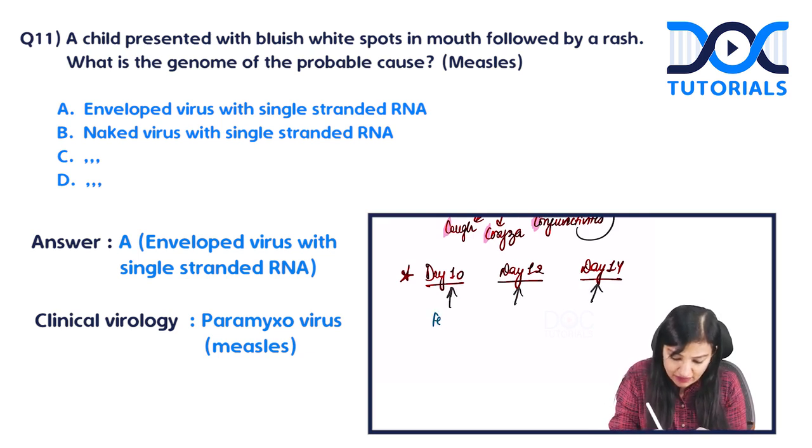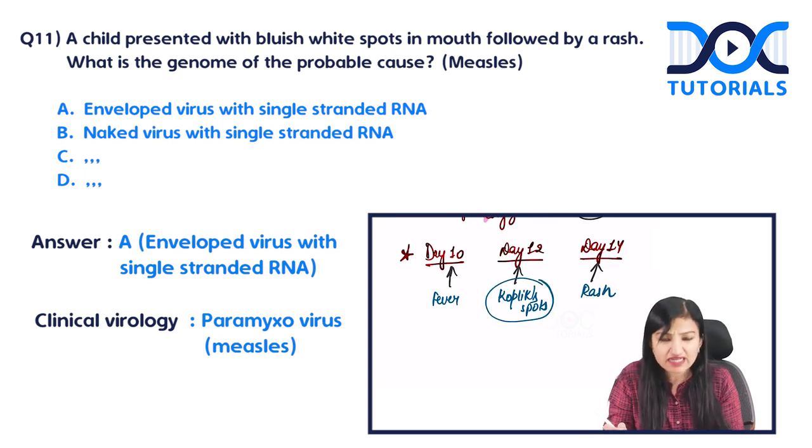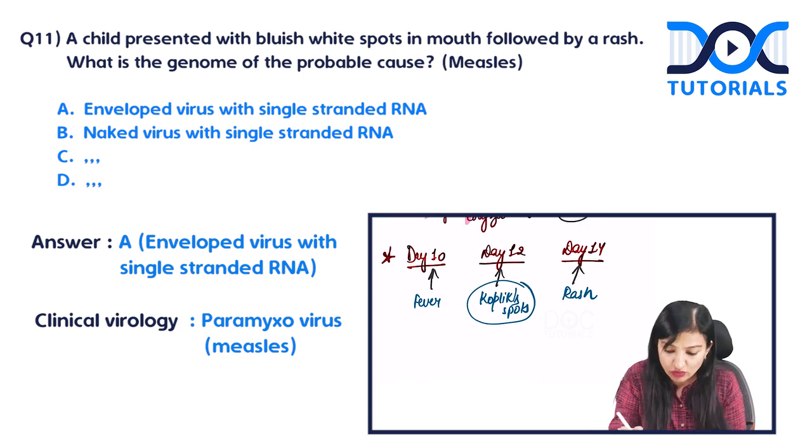On day 10, fever occurs, on day 12, Koplik spots, and on day 14, rash. So Koplik spots appear a day or two before the onset of rash, and these Koplik spots are pathognomonic of measles.